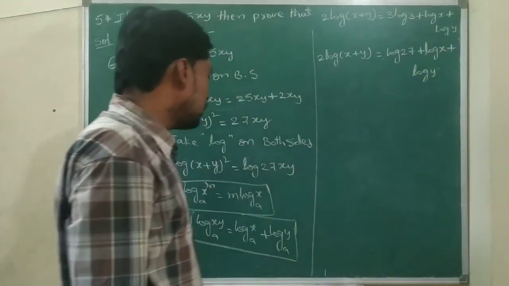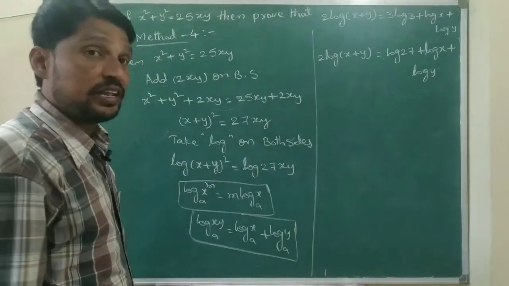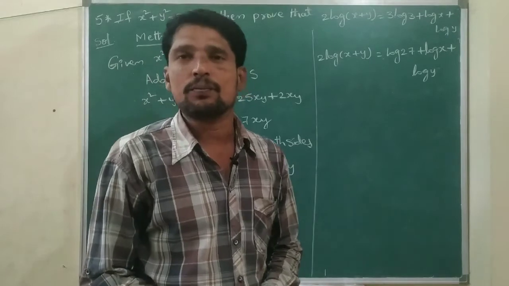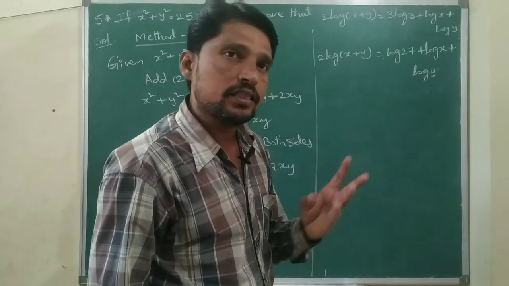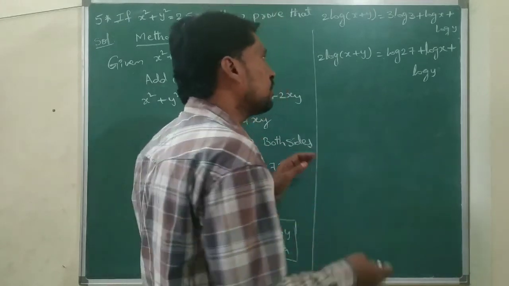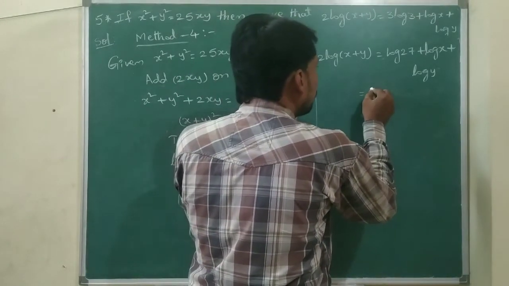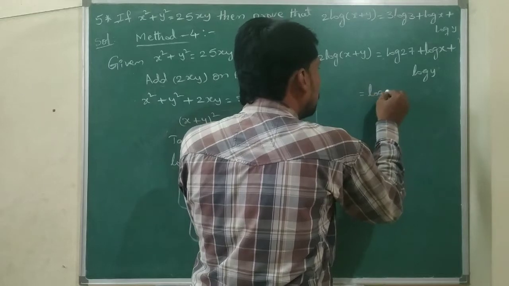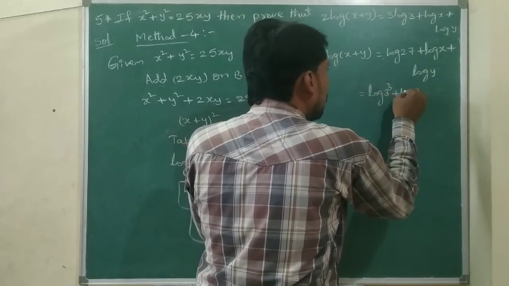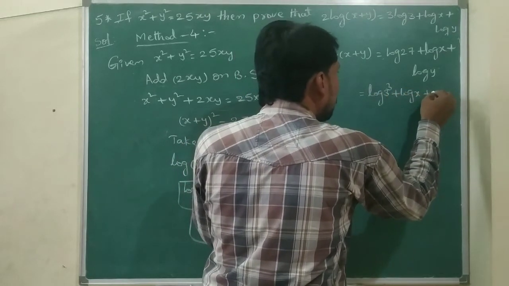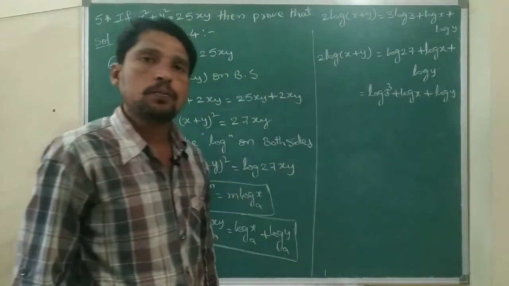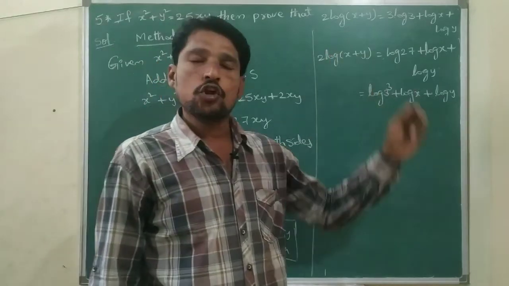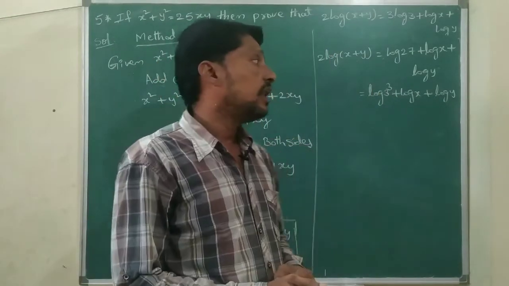This 27 we can write in power notation. 3 into 3 is 9, 9 into 3 is 27. So that equals log 3 cube plus log x plus log y.